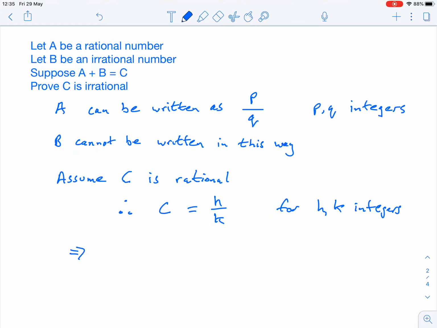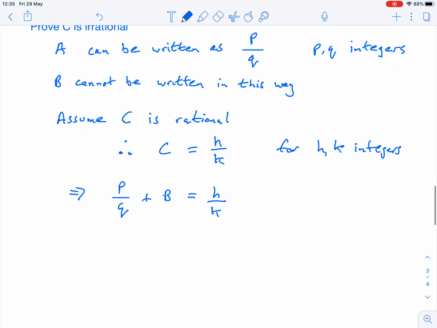So that implies that a, which is p over q, plus this number b is equal to h over k. And now I'm going to get b on its own. So b would be h over k minus p over q.